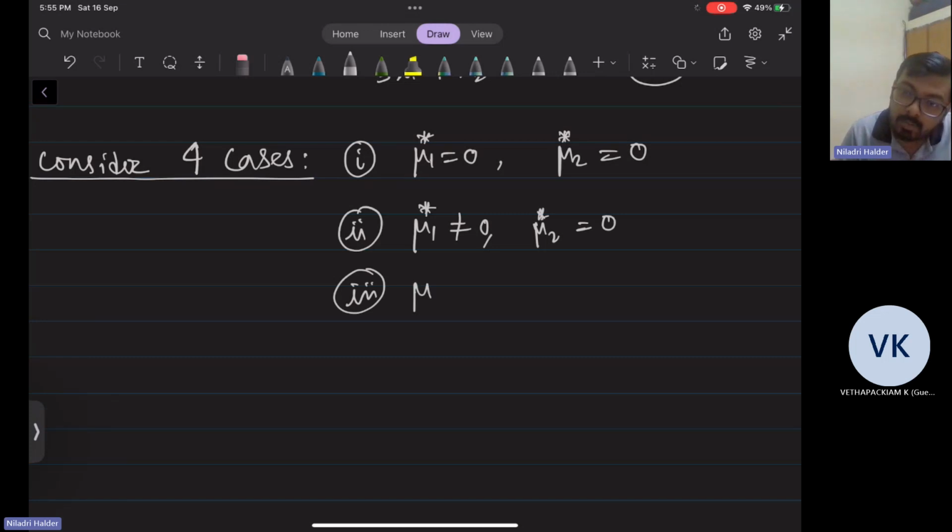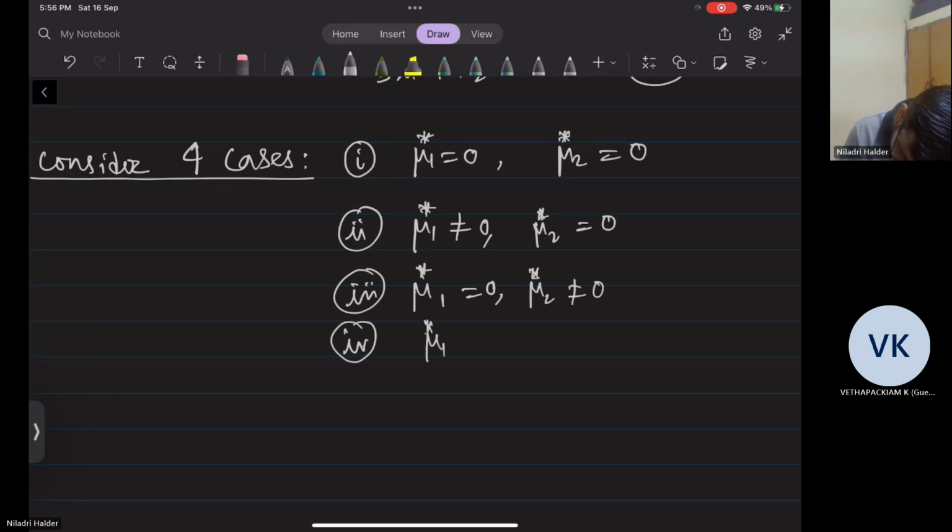Number three: mu1 is equal to 0, mu2 non-zero. Number four: both are non-zero. So there are four cases we will take.